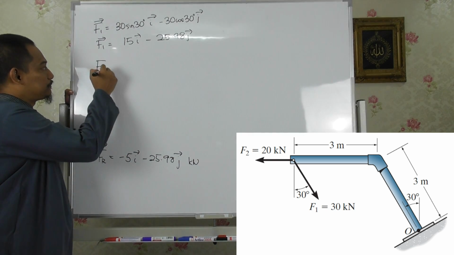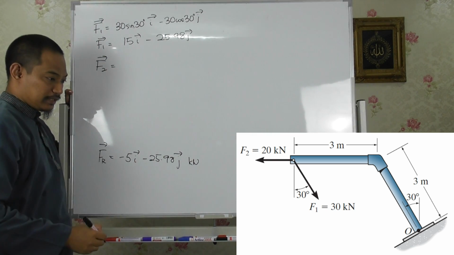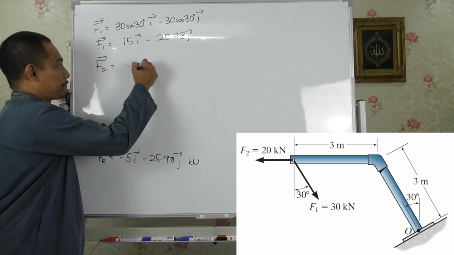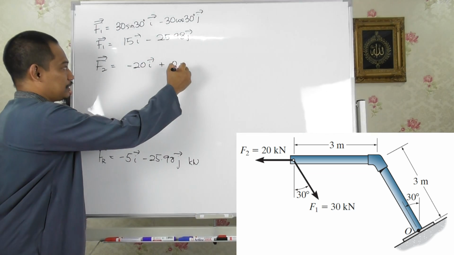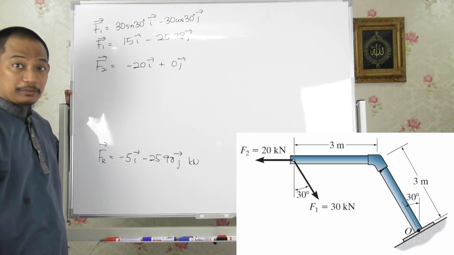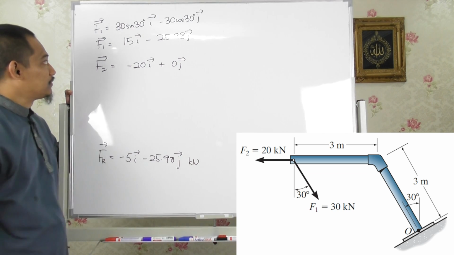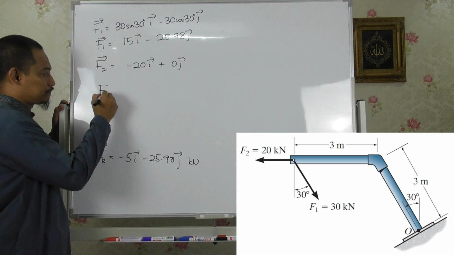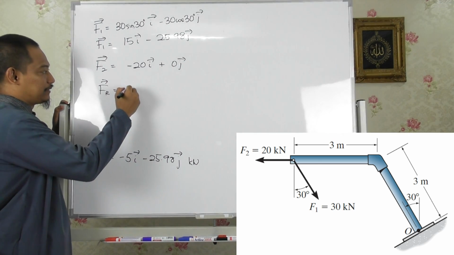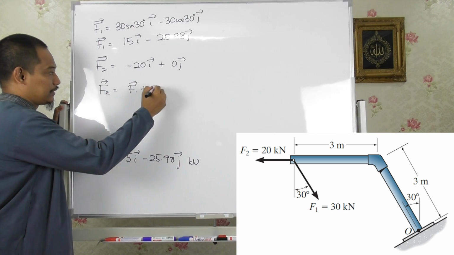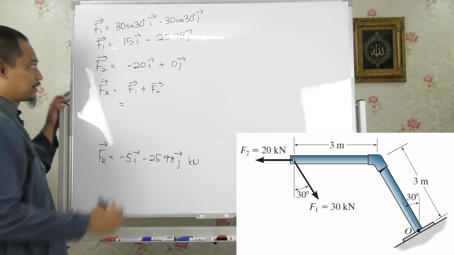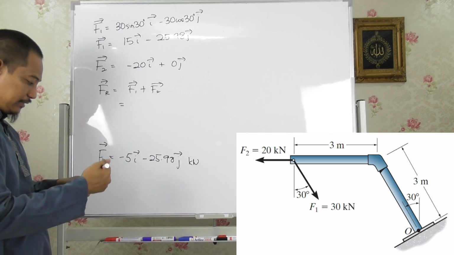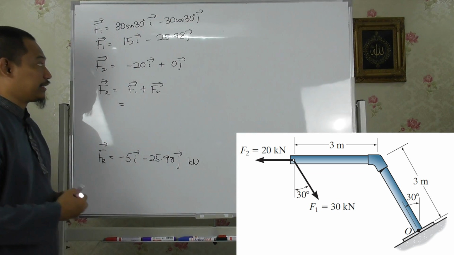That is the force in Cartesian vector form for F1. For F2, you'll have minus 20I plus 0J, right? It doesn't have any Y component, so basically that's it. So Fr, what you do is it's just simply F1 plus F2, right? So basically you just add this component and add, meaning add the x component and add the y component, right?